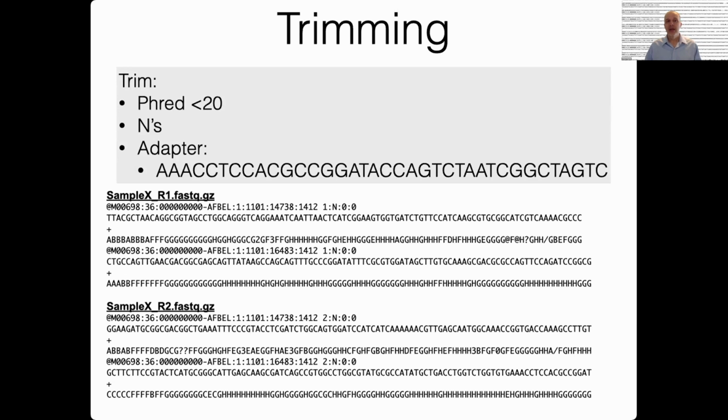I will say that in most cases, you end up getting so much data that throwing out low quality sequences is a reasonable thing to do, because sometimes it's better to have the best data rather than adding in lower quality data.